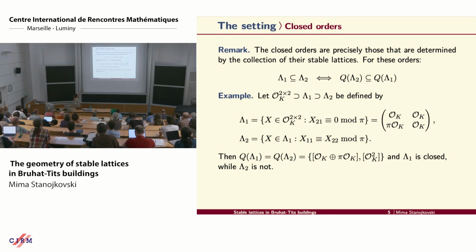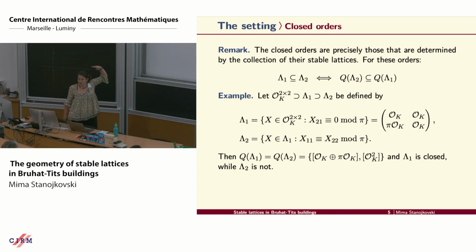Okay, so now what happens is that these two have the same collection of stable lattices. From now on, let me just say stable lattices. What I mean is really the homothety classes of the stable lattices, just to save some voice. So they have two homothety classes of stable lattices. These are given there. But you see, Lambda 1 is closed, but Lambda 2 is not.